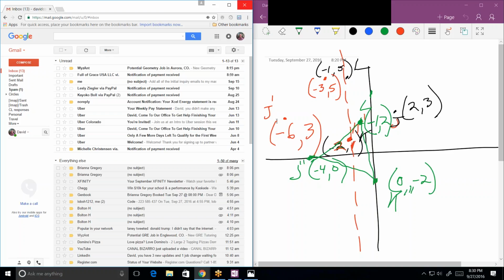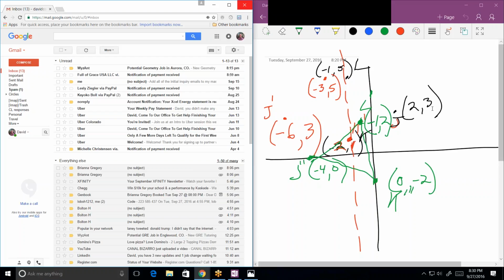And if you're reflecting over lines like y = 2, which is a horizontal line, then you want to use the same strategy. Figure out how far your y-coordinate is away from the line and put it an equal distance on the other side of that line. And usually those kind of reflections only affect one of the coordinates. Notice that when we reflected over the line x = -2, the only thing that changed was the x-coordinate.